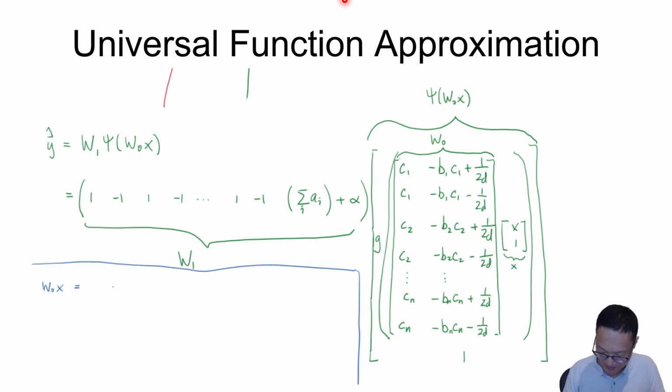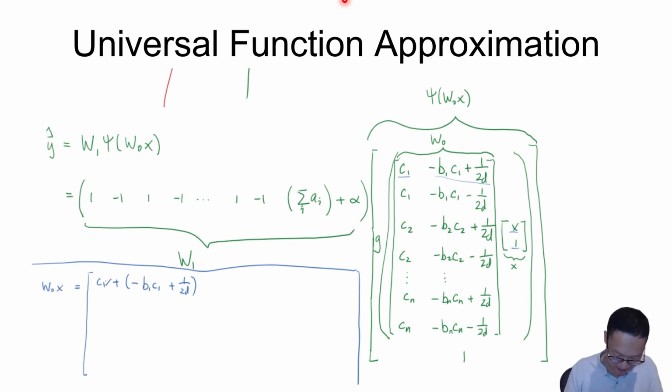W0 times x will give us a vector, and the first entry will be c1 x plus minus b1 c1 plus 1 over 2d.